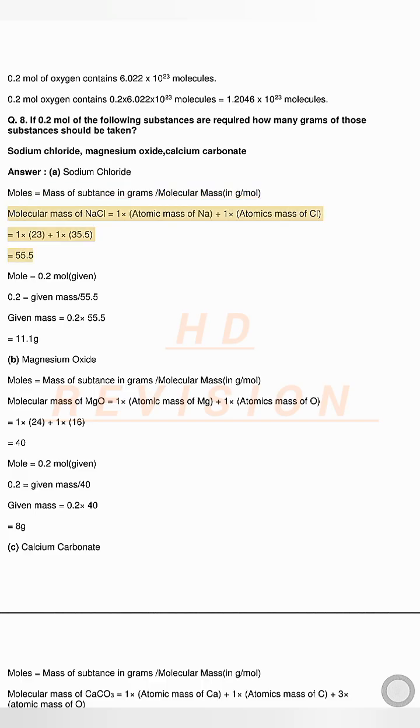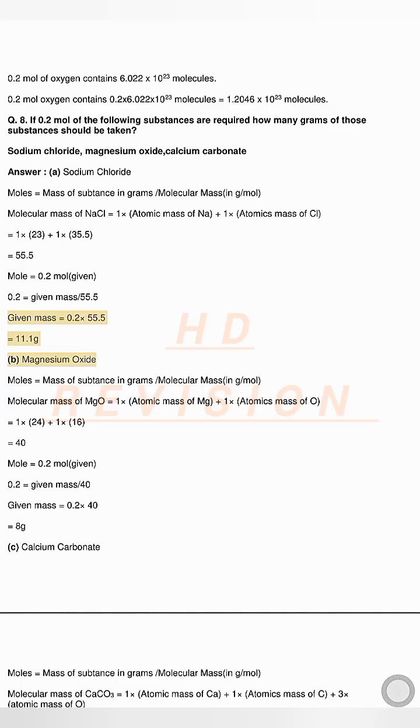Molecular mass of NaCl equals 1 times atomic mass of Na plus 1 times atomic mass of Cl equals 1 times 23 plus 1 times 35.5 equals 55.5. Moles equals 0.2 moles given, so 0.2 equals given mass/55.5. Given mass equals 0.2 times 55.5 equals 11.1 grams.